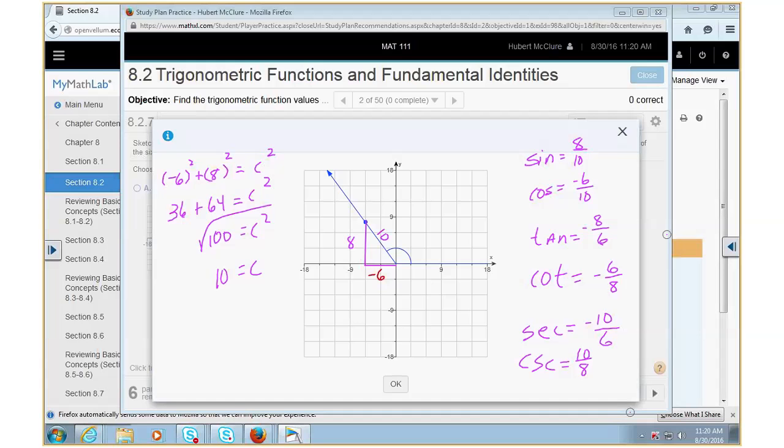And of course, at this point, you finish it and reduce, and I'm not worried about reducing. I'm just going to focus on this one right here. 8 over 10 is equal to 4 over 5. So, how do you find the angle? Well, just write it like this.